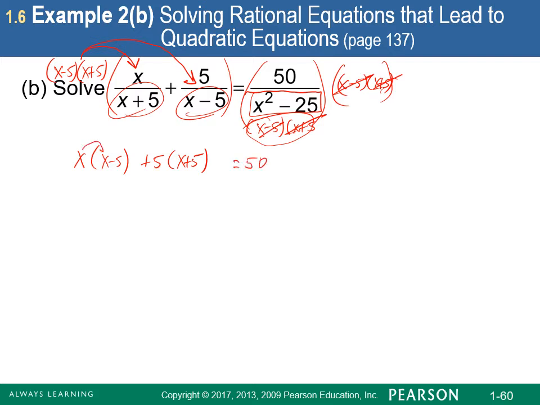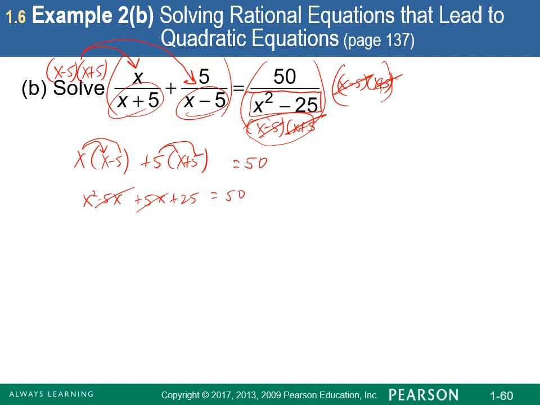So here we have x squared minus 5x. Here we have 5x plus 25. The negative 5x and the positive 5x are going to subtract out.